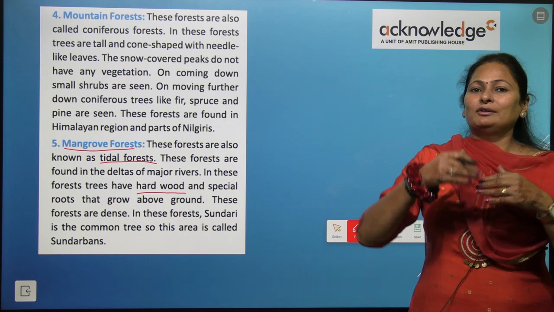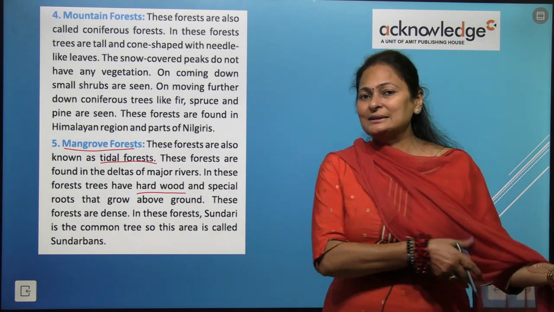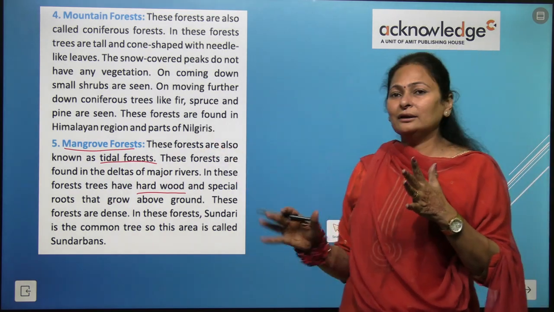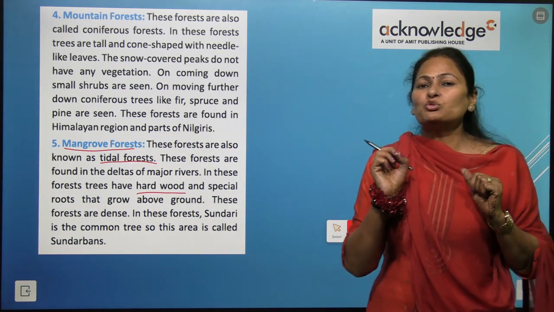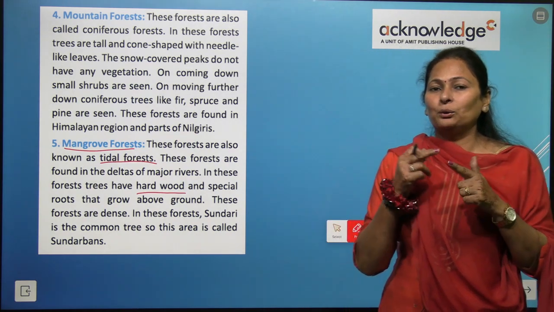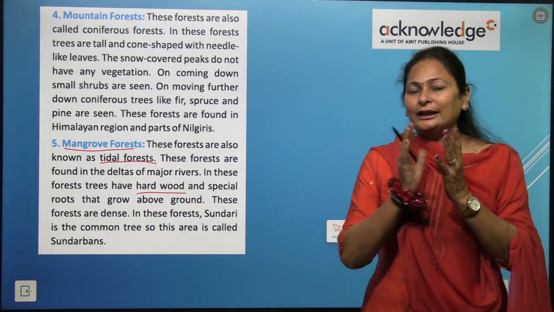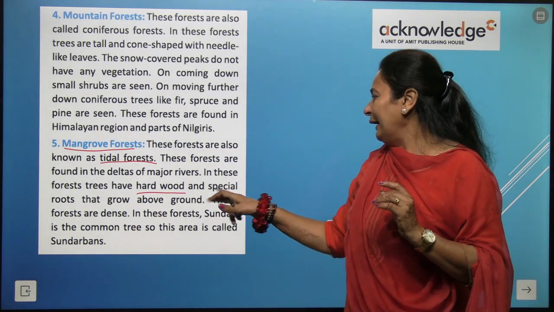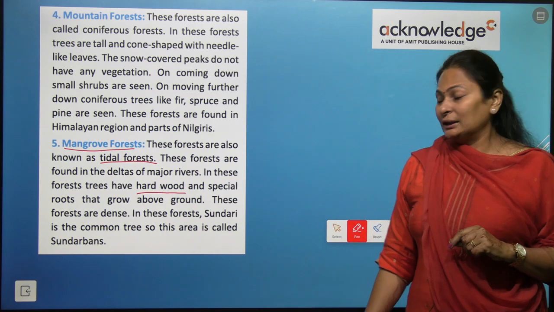The roots of the plant grow upward. And why does it happen, kids? Because in this mangrove area the soil is very clayey, so plants don't get air there. So to get the air, the roots come out, right? Hardwood and special roots that grow above the ground.